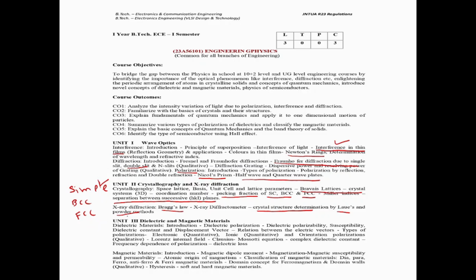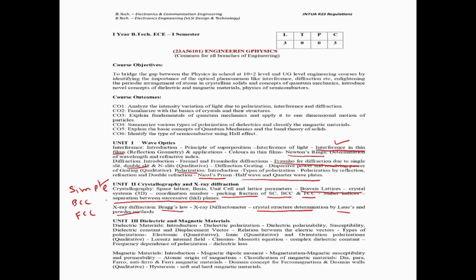This is the fourth question, and the fifth question is diffraction using Bragg's law, determination of crystal structure by using the Laue method or powder method. In these two methods, any one method will be given. So if you observe these topics, definitely we will attempt one essay question and two short answer questions.